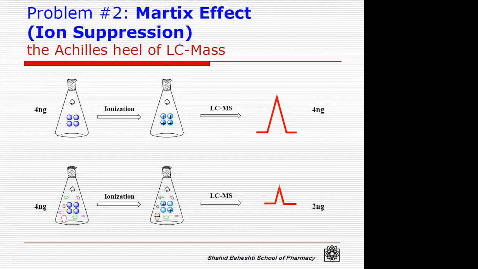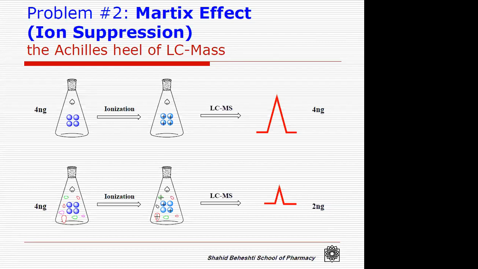But the point is that when we are talking about the blood, the dry blood spot being extracted by a proper solvent, beside our target compound, all other components of the blood are also extracted to the solvent, and they are mixed together. And the problem is that when we try to ionize our target, the other components are usually ionized as well.